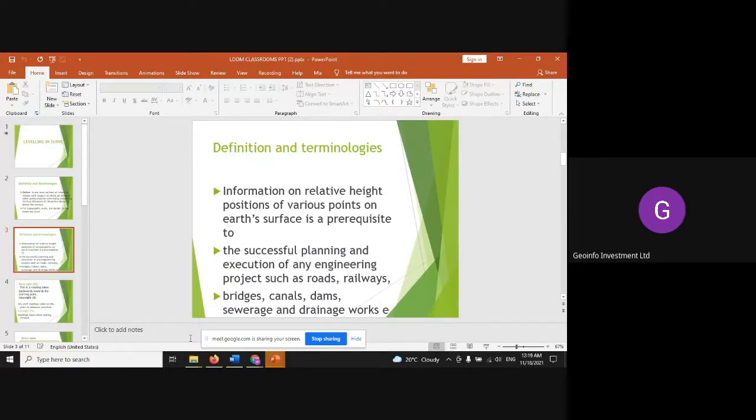Benchmark is simply a reference point. Yes, actually, benchmark is a reference point which we normally use in getting levels of a given point.